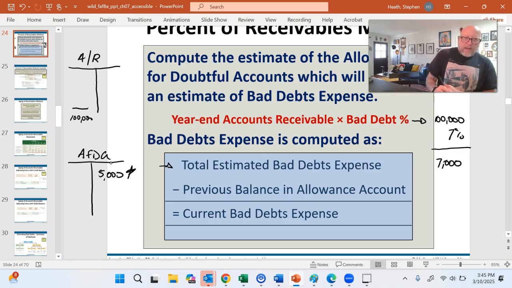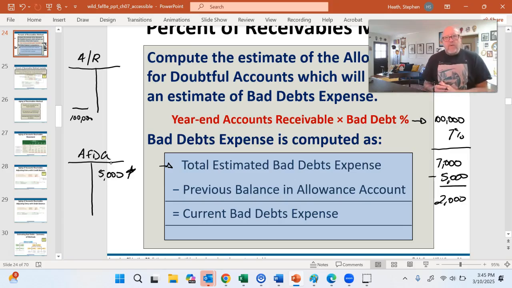However, I currently have 5,000 in the allowance for doubtful accounts, and therefore I only need to add an additional 2,000 to this account in order for me to accurately reflect the financial statements.